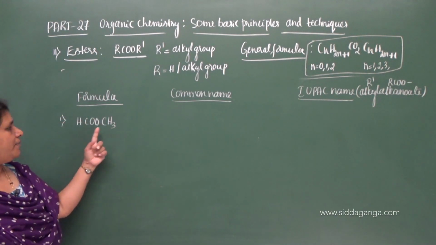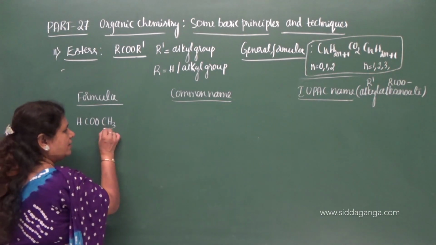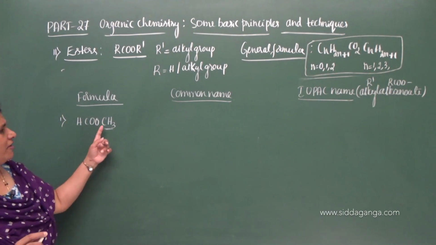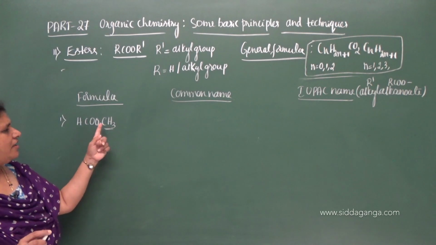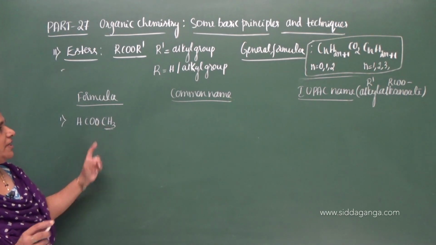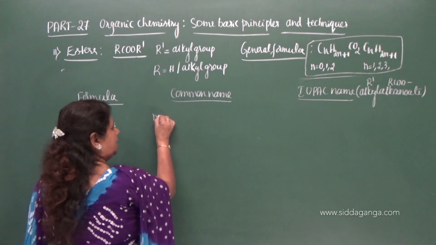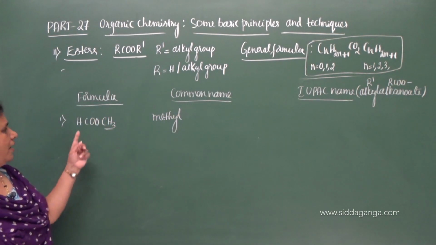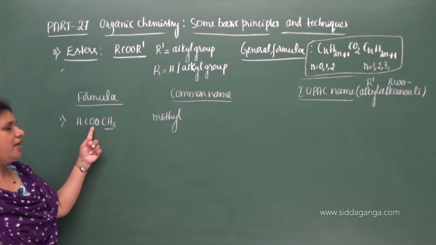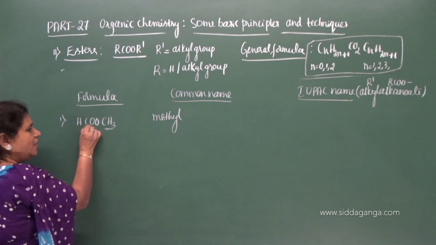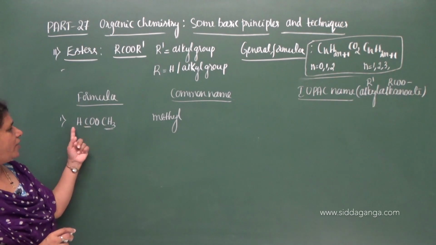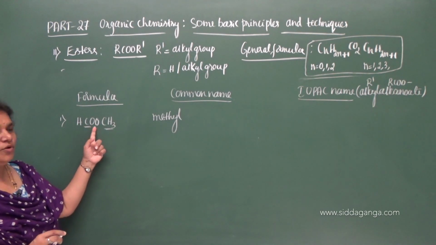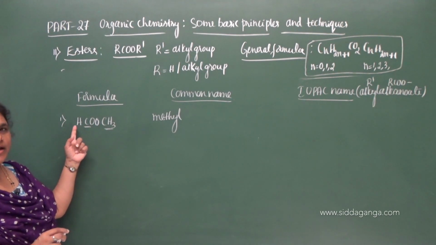Now let us move on to the common name. What is the common name here? First you have to write the common name of R dash. What is R dash here? CH3. Correct? So what is the common name of CH3? Methyl. And what is the common name of an acid containing 1 carbon? Here we have 1 carbon in the RCOO group, where R is hydrogen.